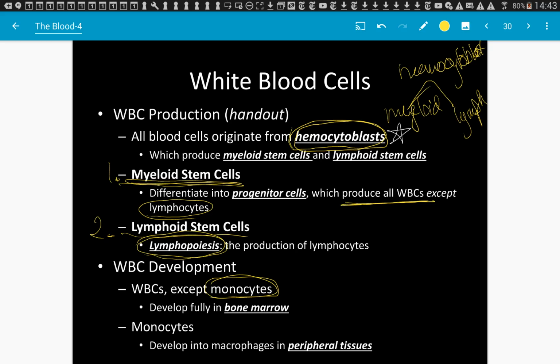So these monocytes finish their maturation process in the peripheral tissue. So when a monocyte squeezes out of the capillaries into the tissues by diapedesis, it is then considered a macrophage, and that is the mature form, so that it matures in the peripheral tissue. So please remember, monocytes mature into macrophages, and that occurs in the actual tissues of your body, not the bone marrow.